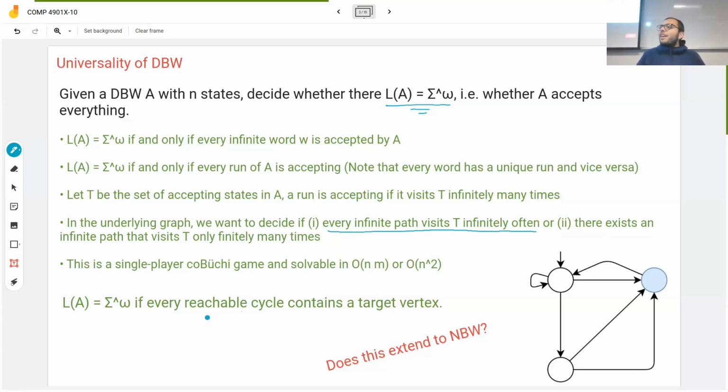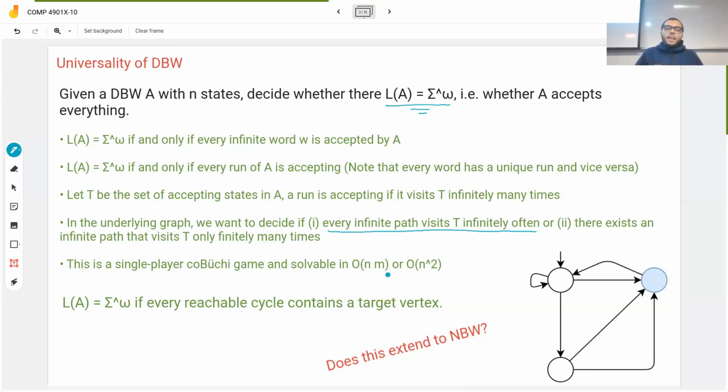So here's the question that I basically have to answer. I have to answer if every reachable cycle has a target vertex. And I claim that this is equivalent to my problem. Why is it equivalent? So if there is a cycle that I can reach and doesn't have a target in it, then I can just go to that cycle, and then I can keep cycling forever. And then I will see my targets only finitely many times, only in the prefix that I had before I reached this cycle.